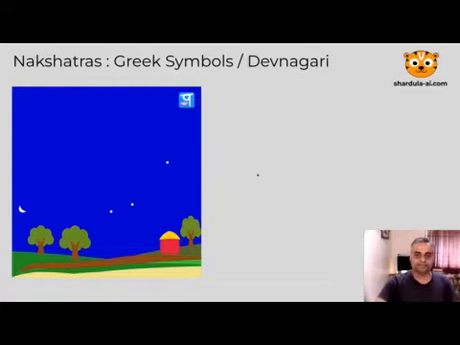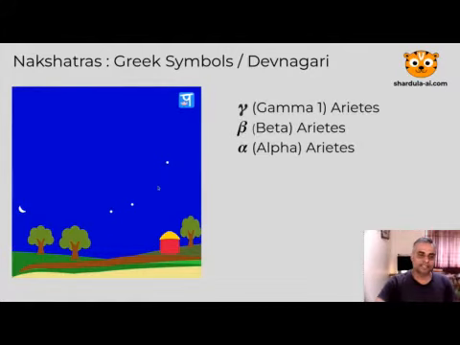What we see here is basically three individual stars. This is the first star, Gamma Arietis. This is Beta Arietis, and this is Alpha Arietis. These are Greek symbols, Gamma, Beta, and Alpha, which are introduced in 12th standard and engineering mathematics.